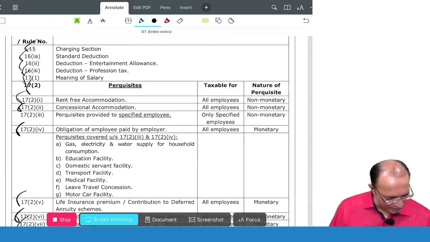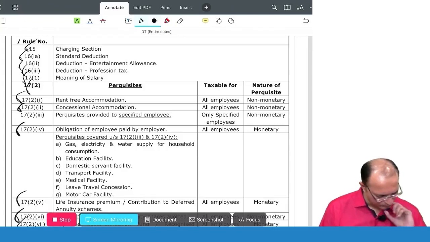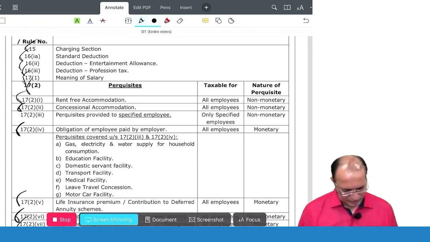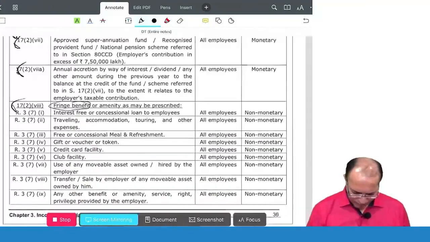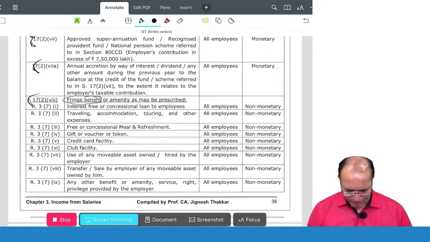Soumya madam, is that clear? Shall I proceed? Yes. So I am on the first page of the chapter, that is page number 36.